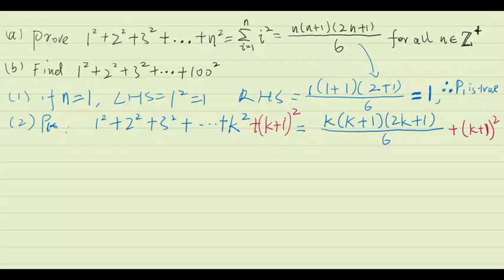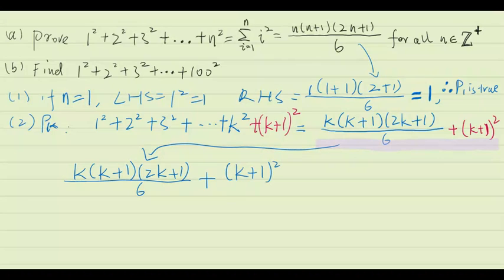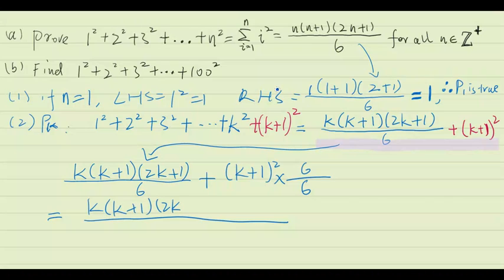Now, let's see this part. Let's move this part to here. In this part, we try to make the same denominator by multiplying by 6 over 6. It will equal k plus 1 times 2k plus 1, plus 6 times k plus 1 squared, over 6.